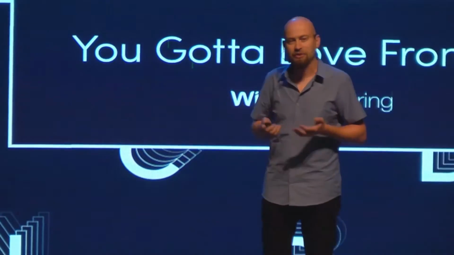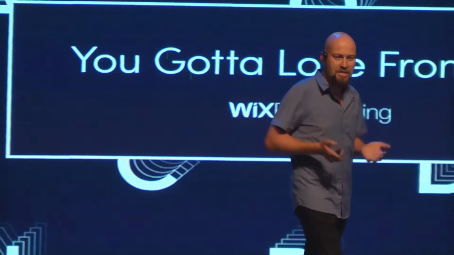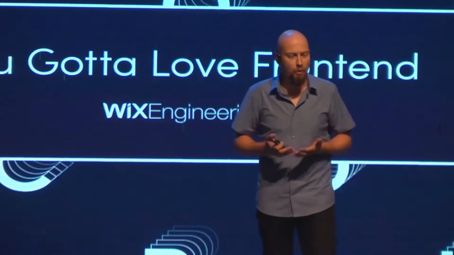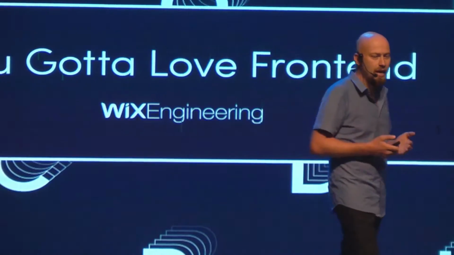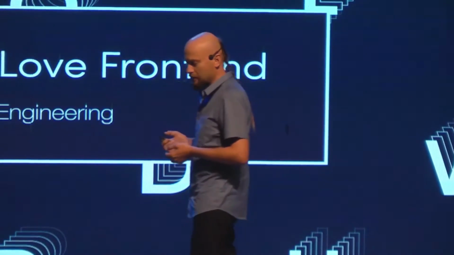Just think about the stuff that we are using every day, like polyfills, or monkey patching, or virtual DOM. There's something magical about all this, right? Like things are working behind the scenes, hidden from the eye in a transparent, mysterious way. Stuff just works without us really understanding how. And transpilers are a bit like that.